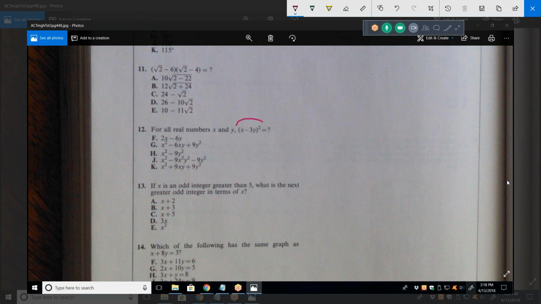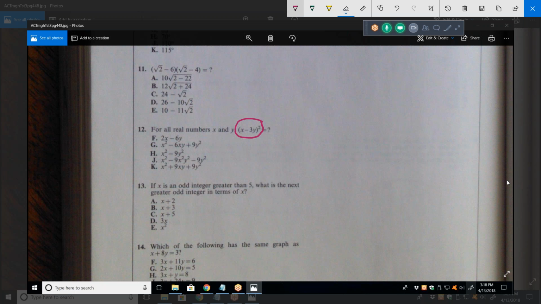Okay. So do I just distribute the square to all the numbers? Well, tell me what you mean. I don't know what that means. So would be x squared minus 9y squared. All right, hold on.